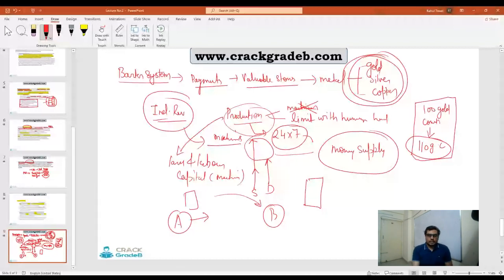In this way, promises started being made on papers. And gradually these papers themselves were used for transaction purposes. Initially, transactions were made in gold and silver.